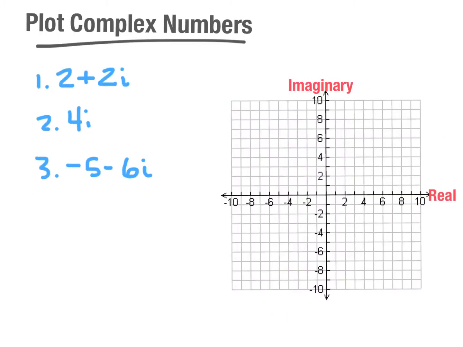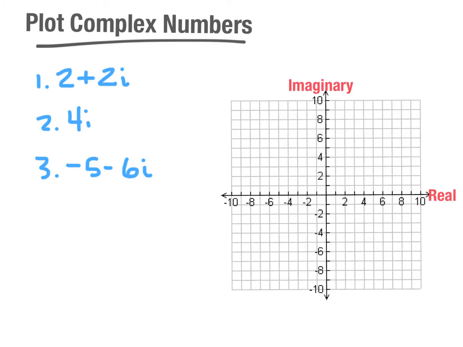All right, the last thing that we're going to do today is plot complex numbers on the complex plane. That's what this thing is over here. This axis is my real axis and this is my imaginary. On an actual graph, this is actually turned, and it's as if it's coming out of the screen.